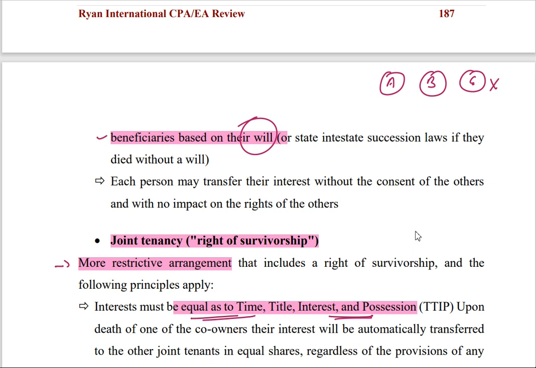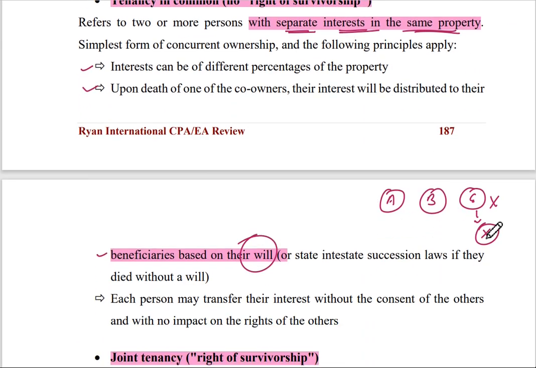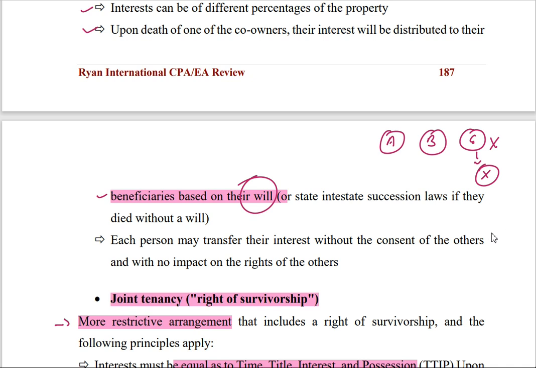C's ownership will be transferred to his son X. So we're talking about tenancy in common first. X becomes a tenant in common again.